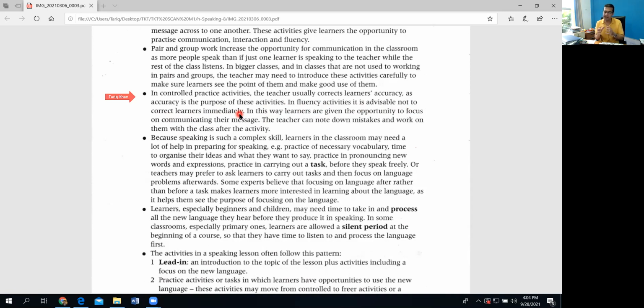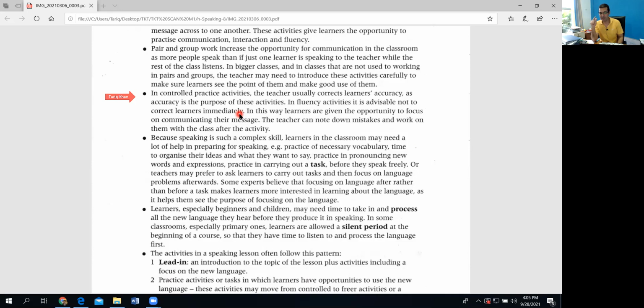When you are doing accuracy practice in the form of controlled practice activities, there you have to pinpoint the things the students are making mistakes in and clear it up, because the purpose of that is that grammatically they should be speaking correctly. Are you getting this point?